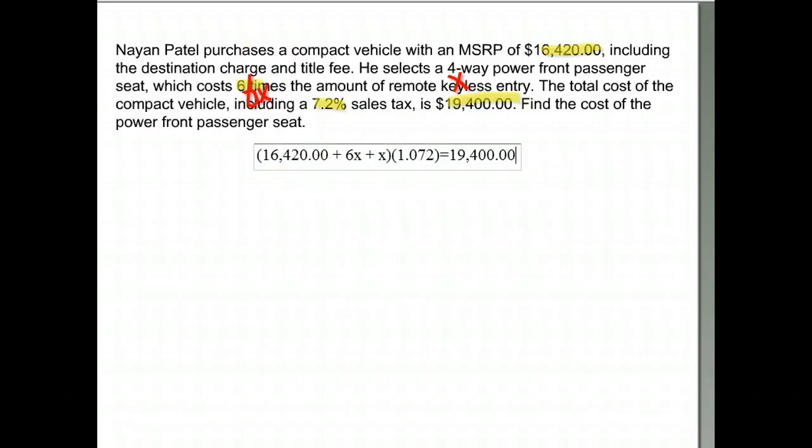And now our job is to solve this equation. So again, we want to get x by itself. The first thing I see is that this entire side is multiplied by 1.072. So what we're going to do first is multiply both sides by 1.072.